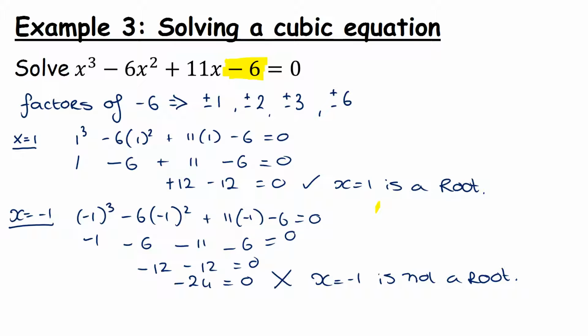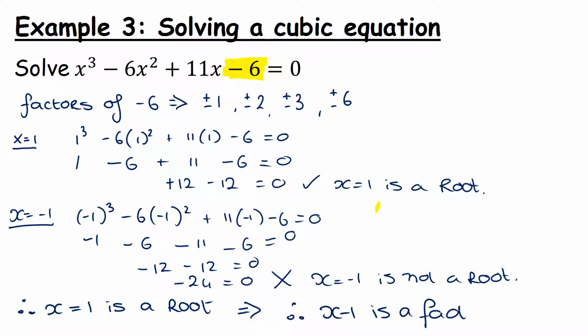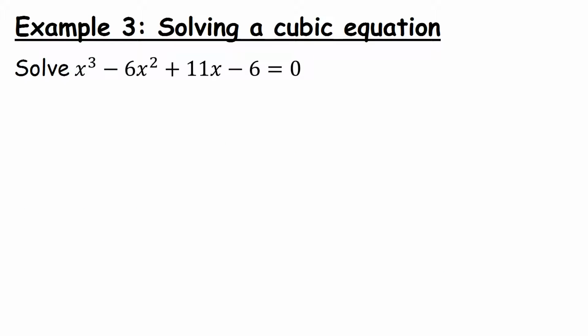So now that we have one of our roots, so we have x equals 1 is a root, which also means therefore x minus 1 is a factor. So now that we have a factor, we can do our long division. So I've just cleared this screen here just so we have a bit more room.